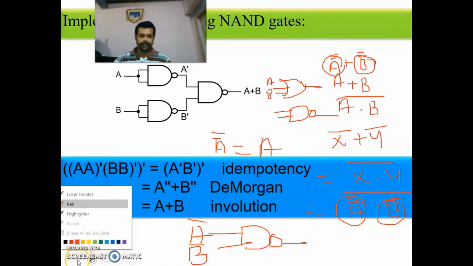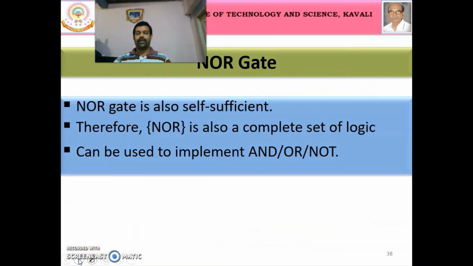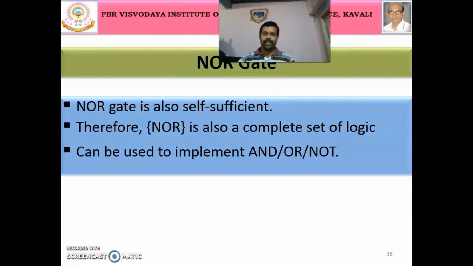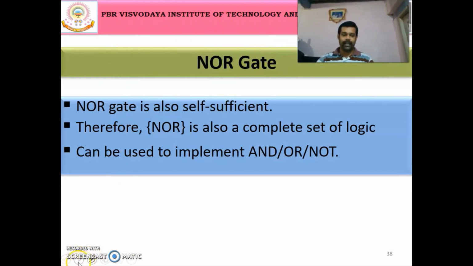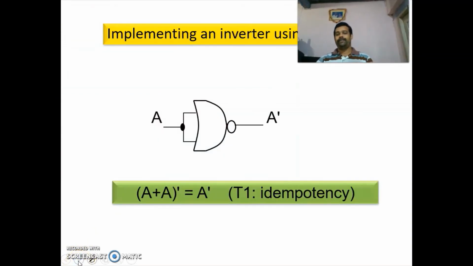Next we are going to implement gates using NOR gate, that is NOT gate, then OR gate and AND gate using NOR gate. So this is inverter. If A is the input, we'll be getting A bar.